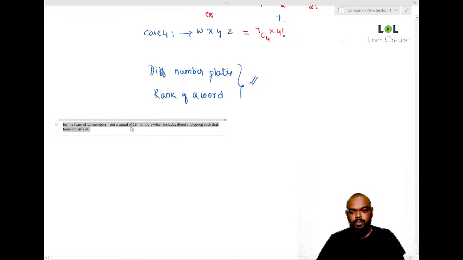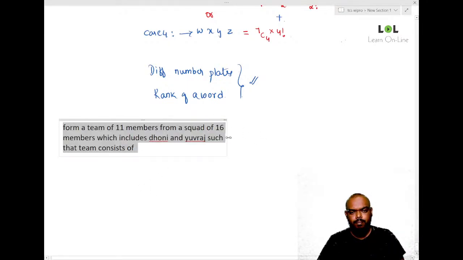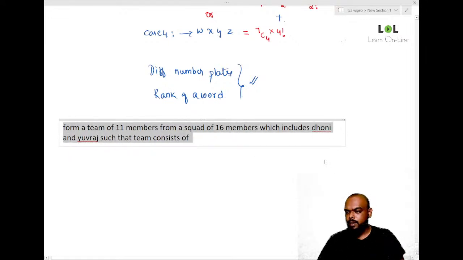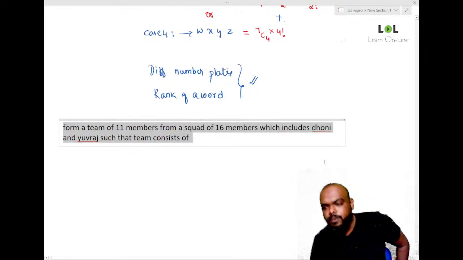We can form various questions. Chandana, is this the question you are asking?